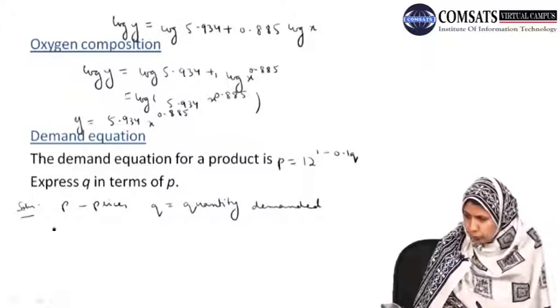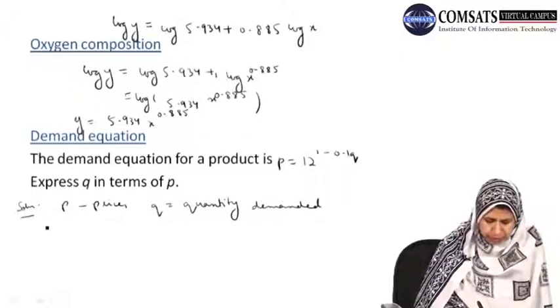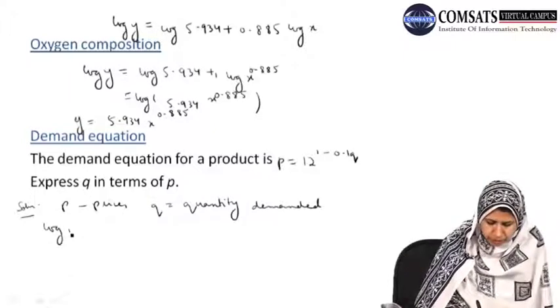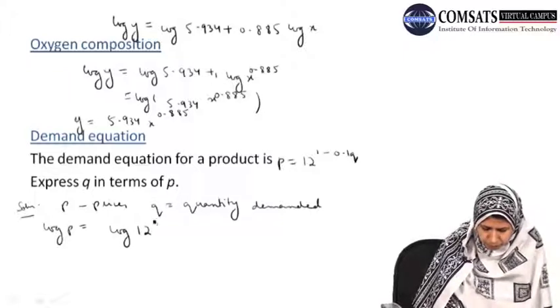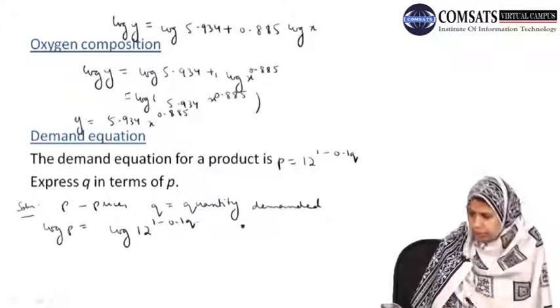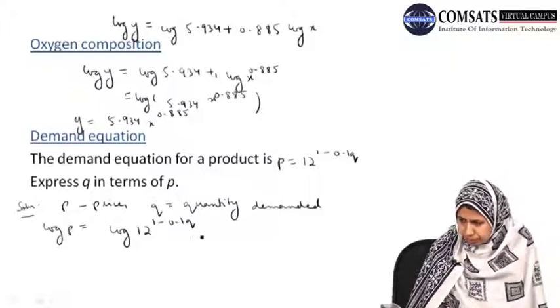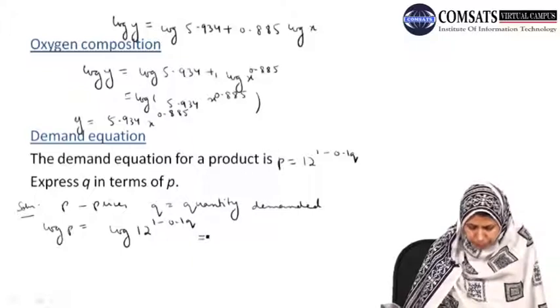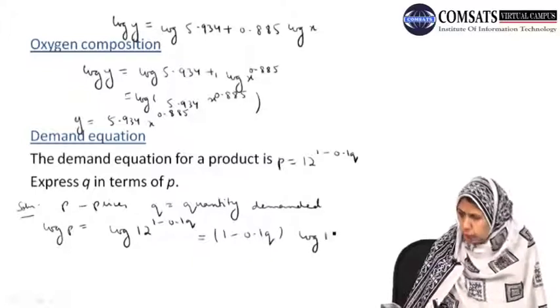Now what we will do, we will simply take the log on both sides, that is the log of P is equal to log of 12 to the power 1 minus 0.1 Q, and now this power will come as a multiple, that is 1 minus 0.1 Q into log of 12.